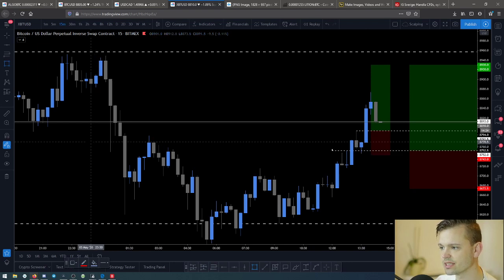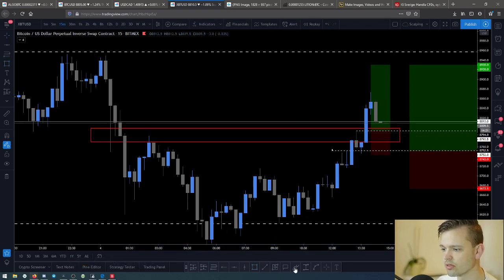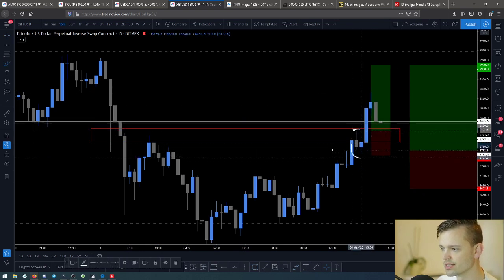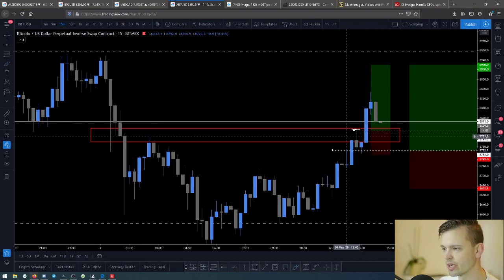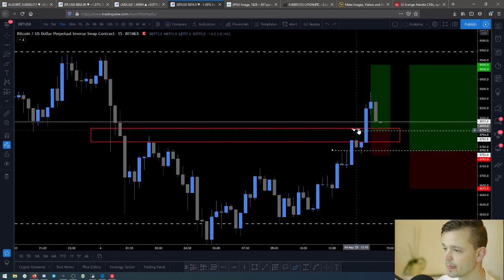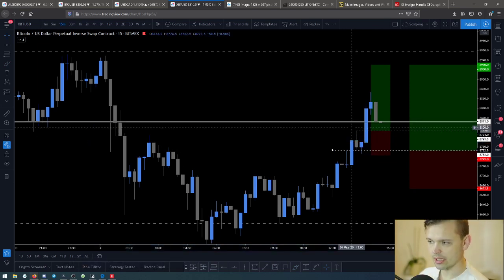So I'm looking to long the first retest of the last high pre-breakout, stop below this swing low. It's below the last candle pre-breakout. It's also below the thrust candle and below the swing low. So I think that's a good area for a stop loss position. So that's the whole idea on this one.